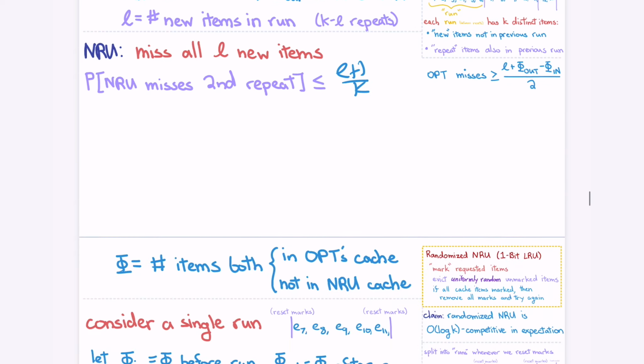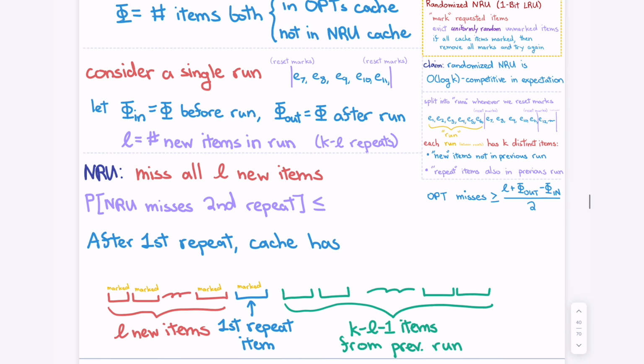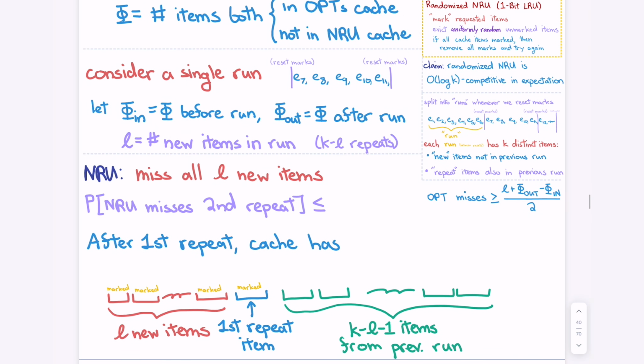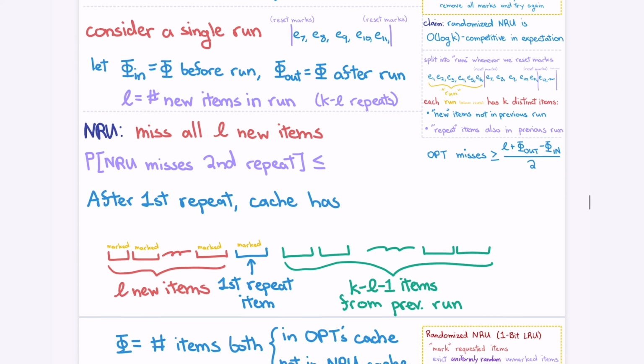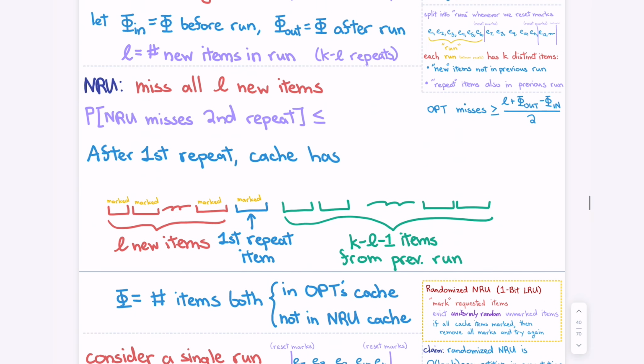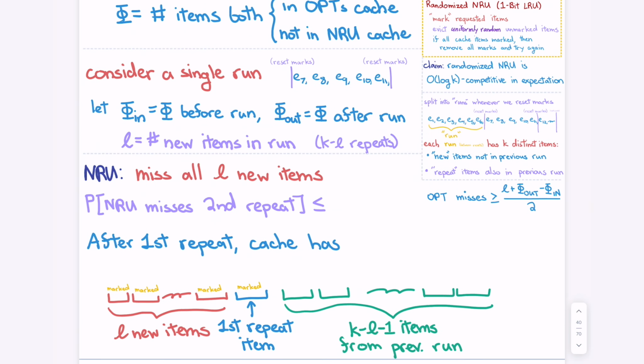Okay. All right. Yeah, so here's a picture. Because after the first repeat, you have L new items and one repeat item. You have K minus L minus one items from the previous. Oh, did I do that right? One sec. Maybe I'm completely off. How's my math going?